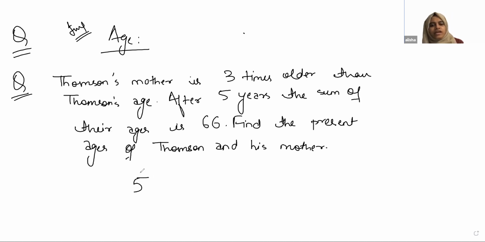So if we get to know the age of Thompson, it would be easier for us to calculate his mother's age, right? So we don't know Thompson's age. Can we let it be X? Can we take Thompson's age to be X?